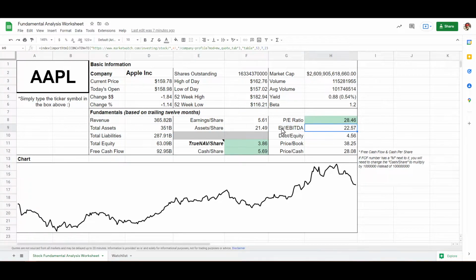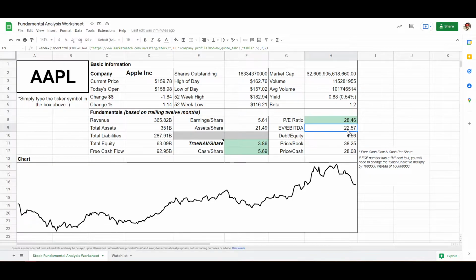We also have over here the enterprise value to EBITDA, right? And this is just another tool which can be used to calculate whether a company is relatively expensive or inexpensive to buy. So obviously you want this number to be much lower than what you see here.